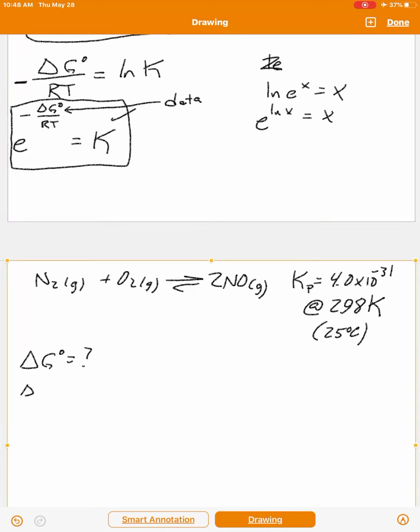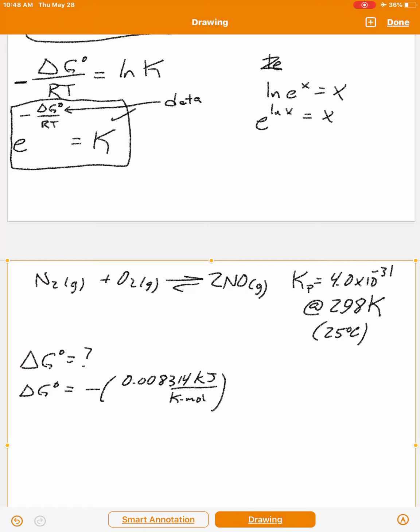Delta G naught would be minus. Now, I'm going to use a value of R that's in kilojoules per Kelvin mole. It's 0.008314 kilojoules per K mole.